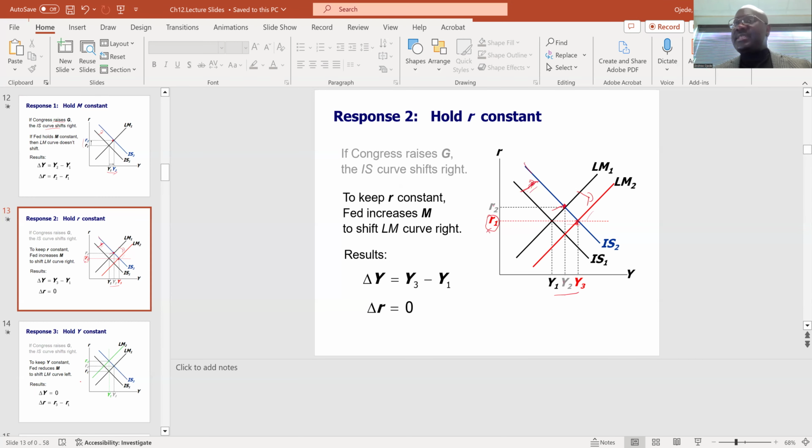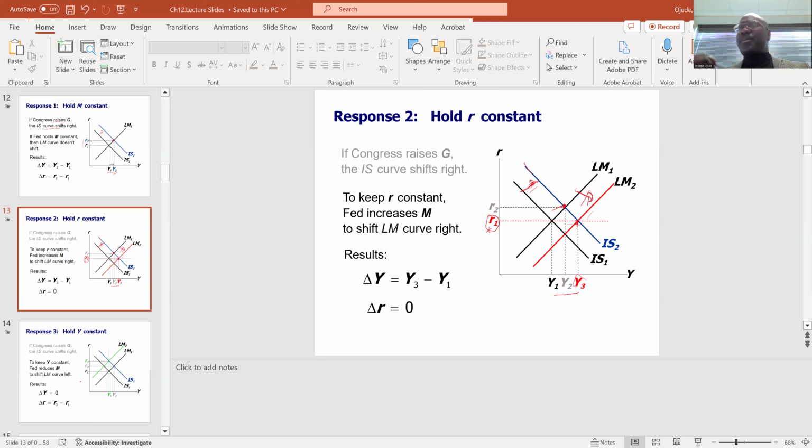But if the Fed doesn't want the interest rate to go up from R1 to R2, and wants to stabilize the interest rate at R1, they are going to counteract that fiscal expansion by Congress with a monetary expansion, increasing the money supply. When they increase the money supply, the LM curve shifts to the right, and that holds the interest rate constant at R1. But real GDP is going to increase further to Y3.